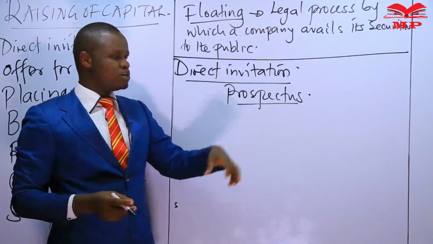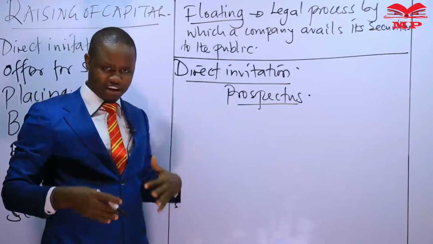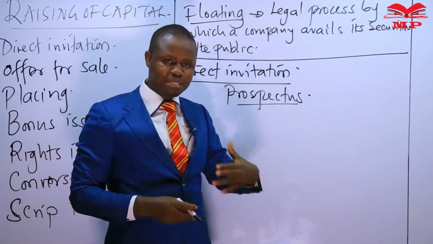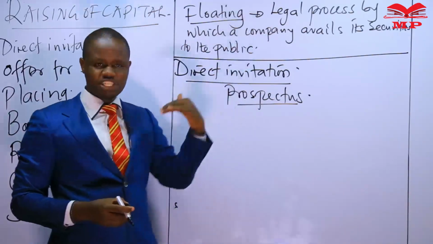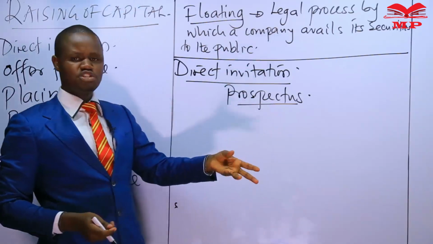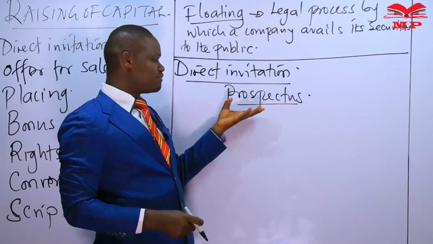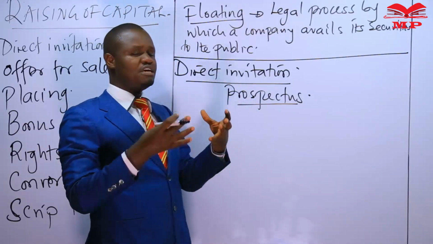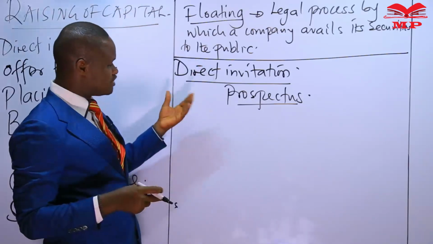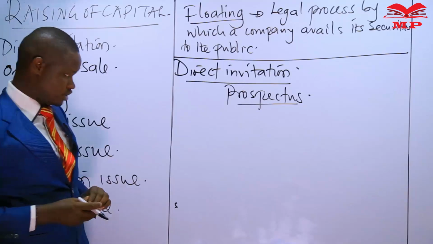In this document, the company will tell the members of the public how long they have been in business, who the managers of the company are, what kind of business they are involved in, how much capital they wish to raise, what number of shares they are issuing, the value per share, the rights of these shares, and a lot of information that is supposed to give potential subscribers enough information on which to base their decision on whether they are going to buy these shares or not.